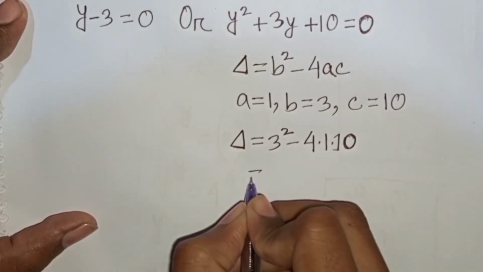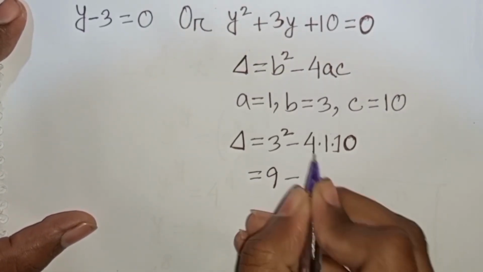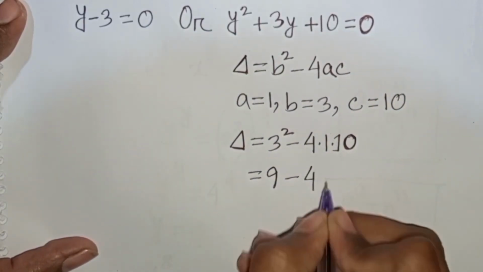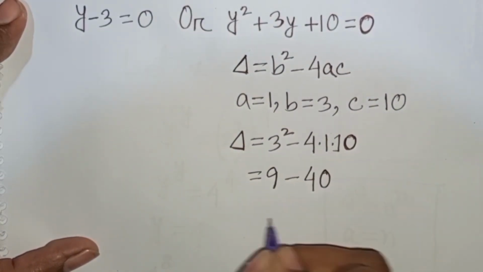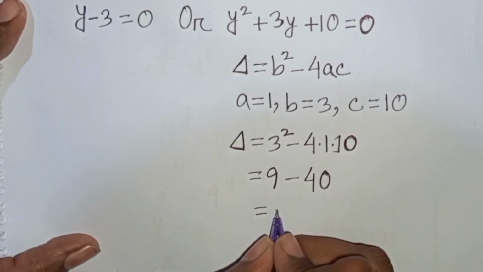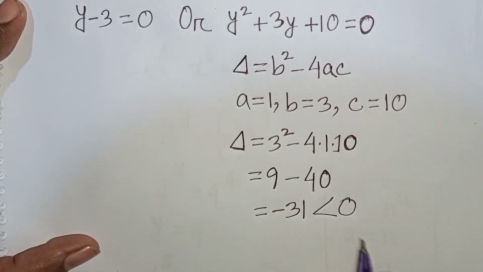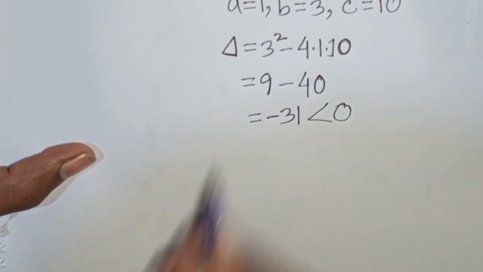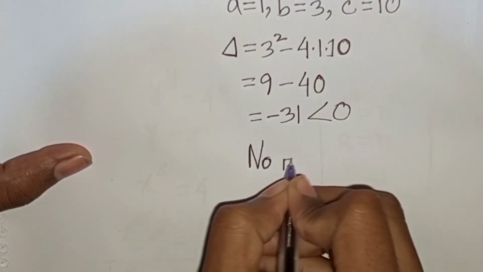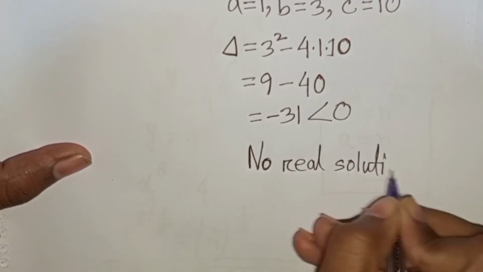Now it is equal to 3 square, which is 9, minus 4 times 1 times 10, that means 40, so 9 minus 40 is minus 31. So minus 31 is less than 0. So here no real solution.